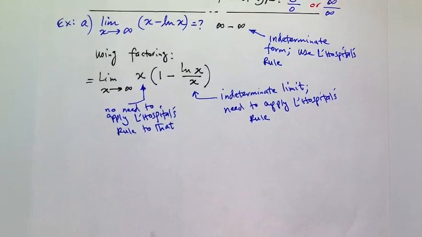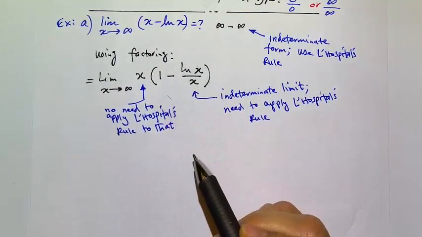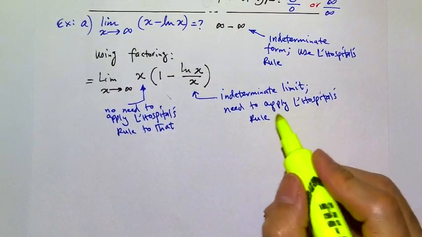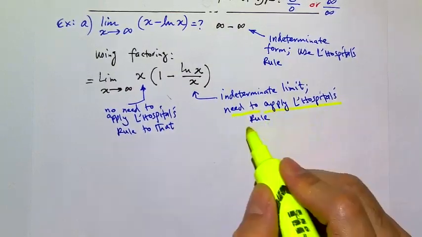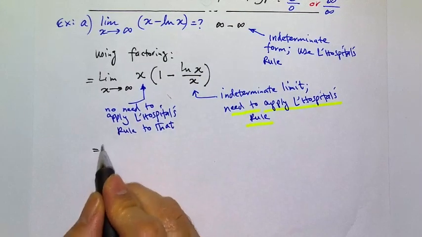All right, so we are applying L'Hopital's rule just to this piece. Okay, and I want to highlight that. We need to apply L'Hopital's rule just to that piece, to that fraction. Okay, so what do we have?